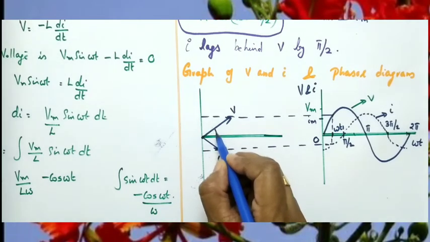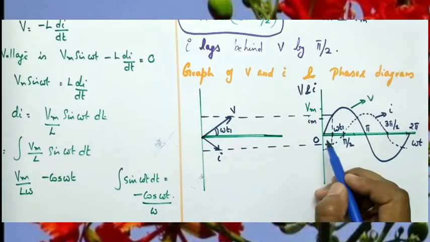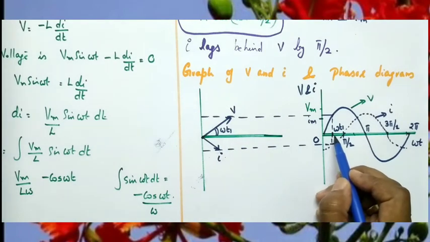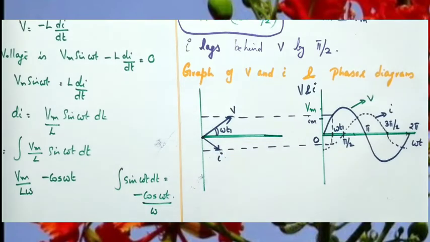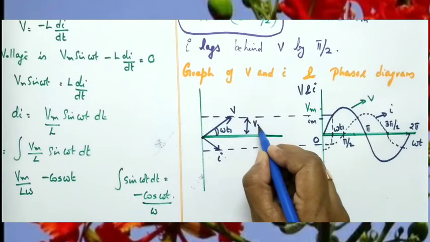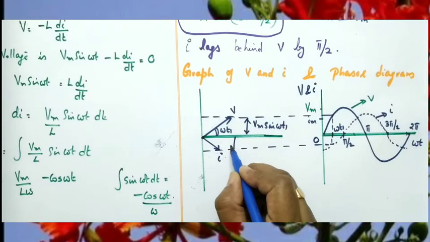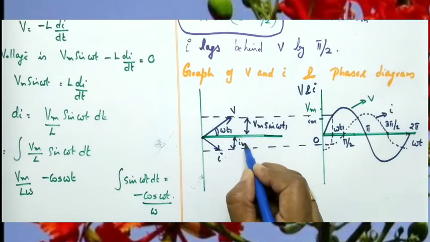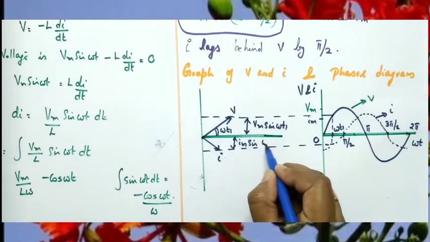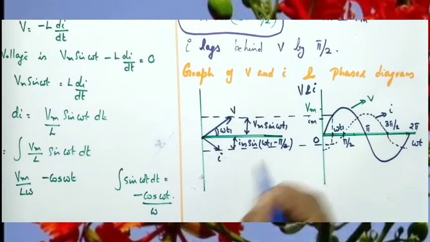And what is this angle? This angle is omega t1. Here we have drawn the phasor from omega t1, no? So this angle is omega t1. And the projection, this is called a projection. This projection is actually Vm sin omega t1, and this projection is Im sin (omega t1 minus pi divided by 2).